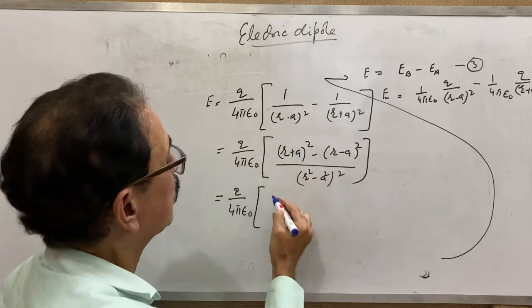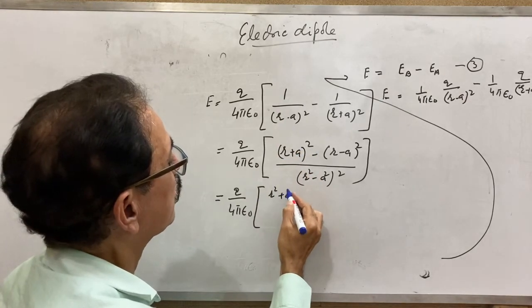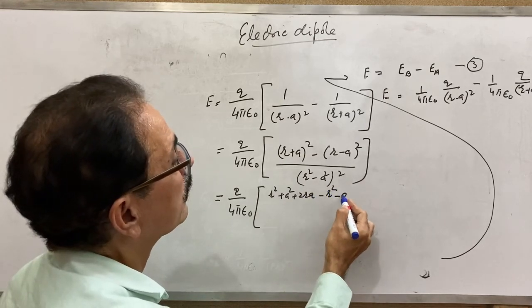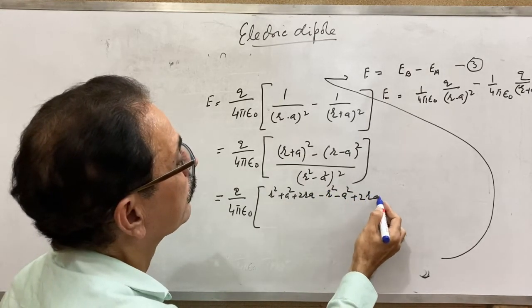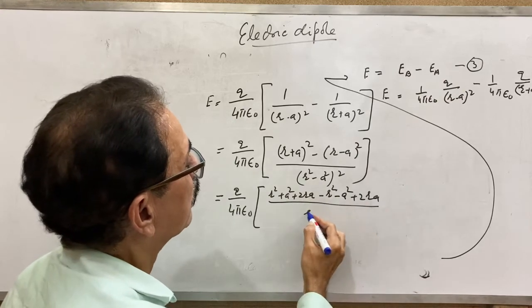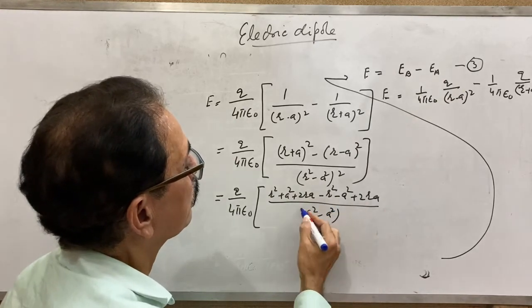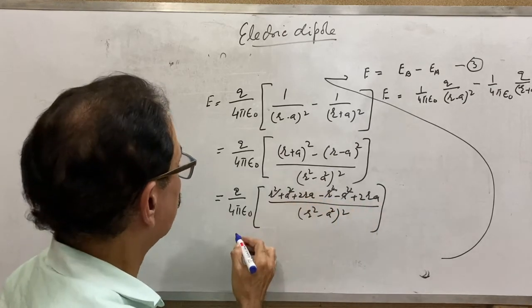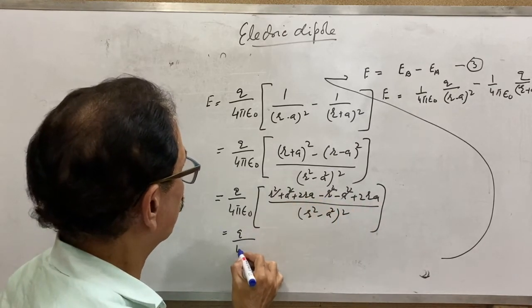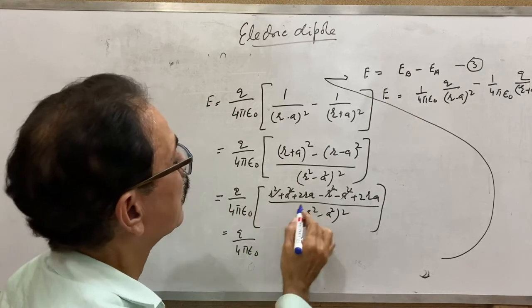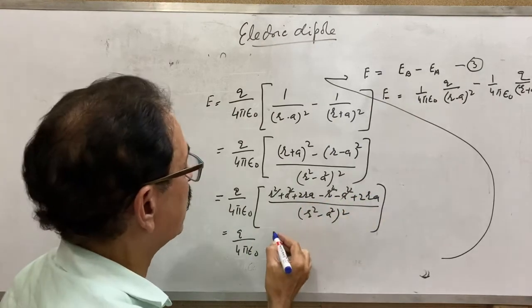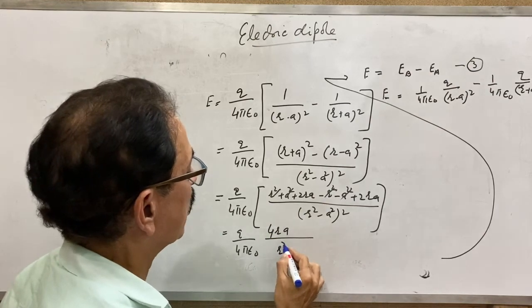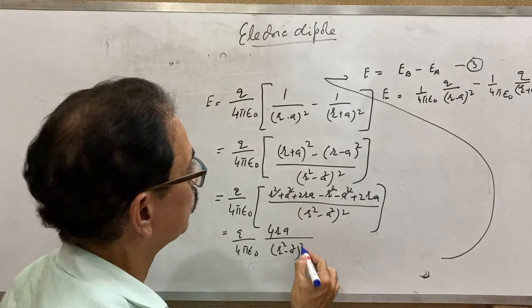We open it: r square plus a square plus 2ra minus r square minus a square plus 2ra, divided by r square minus a square whole square. Here this and this will go. Q divided by 4 pi epsilon naught, 2ra means 4ra, divided by r square minus a square whole square.